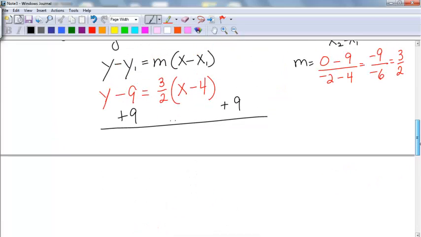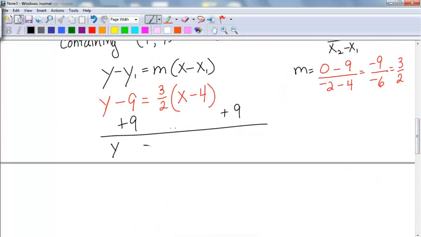Okay? So if I add 9, then I'd have y equals 3 halves times the quantity x minus 4, plus 9. That's still not the right form. You've got to get it in the form y equals mx plus b, so you've got to multiply this out. Y equals 3 halves x, and 3 halves times 4.